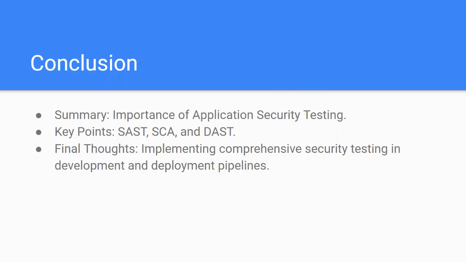To summarize, we have understood what application security testing is. We have discussed the terminologies and technologies, the SAST, SCA and DAST. So, final thoughts: implementing security testing in the deployment pipeline is very crucial for getting errors recognized, at least recognized.